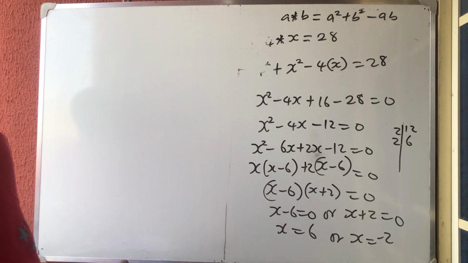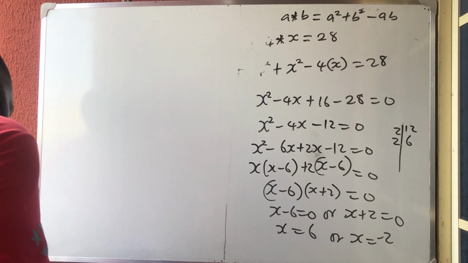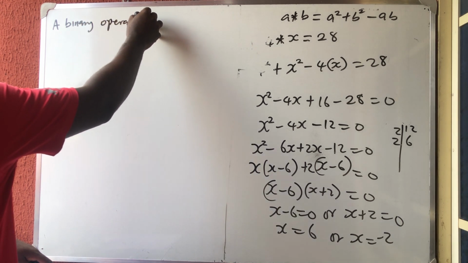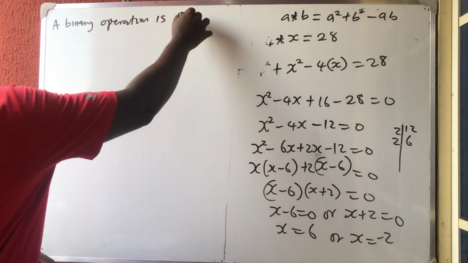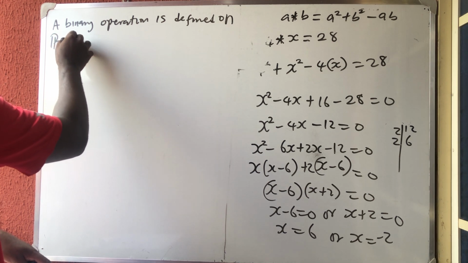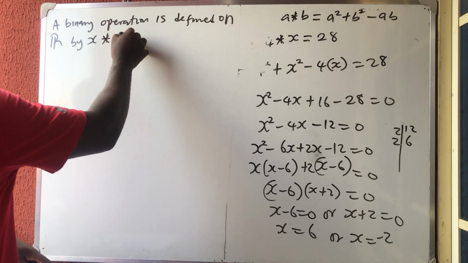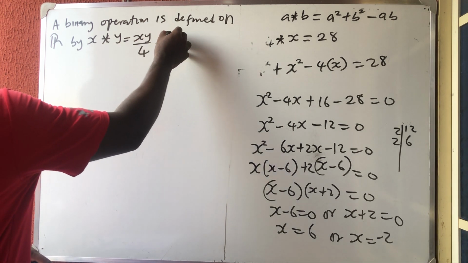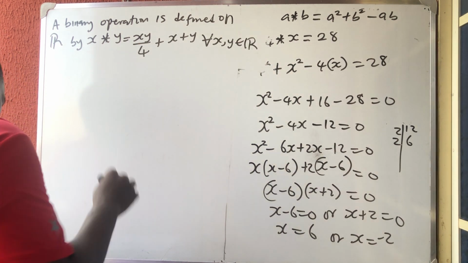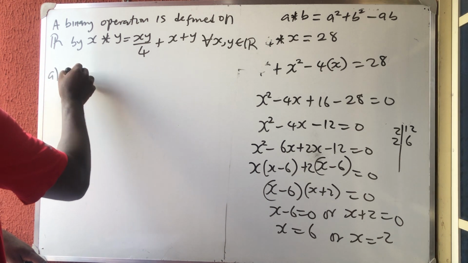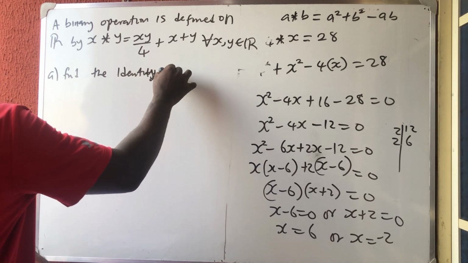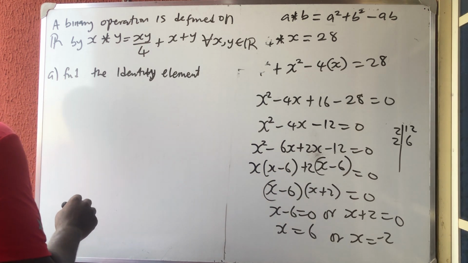The assignment here said, a binary operation is defined on the set of real numbers by x star y, which is equal to xy over 4 plus x plus y, for all x and y elements of the real numbers. Then A, find the identity element.